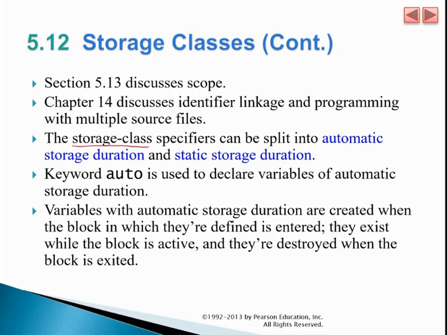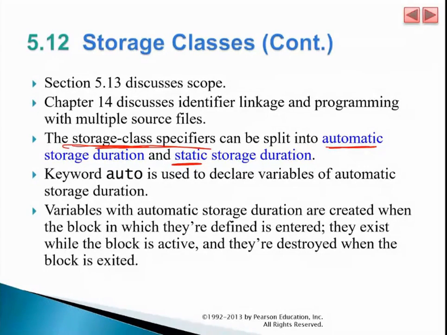Now storage class specifiers can be divided into two broad categories. We have already seen these categories when we were discussing storage class for arrays. These categories are automatic and static: automatic storage duration and static storage duration.